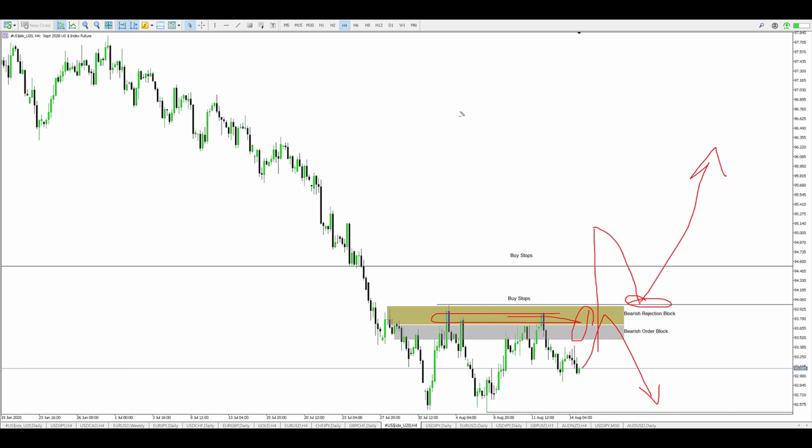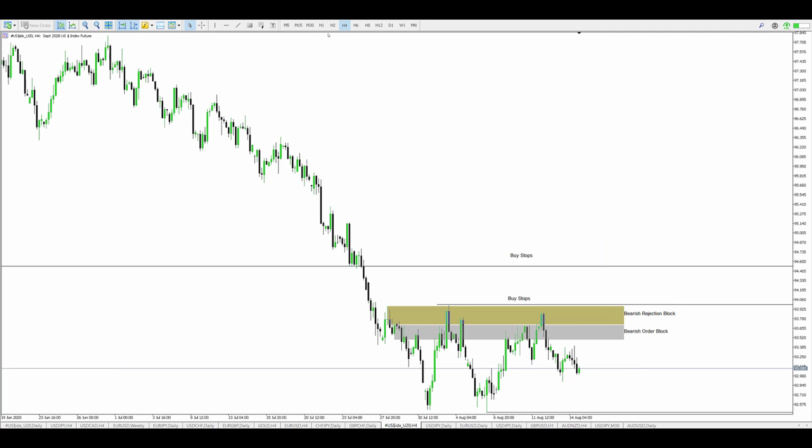But take note, our higher time frame bias on the dollar index is that the dollar is weak, meaning short trades are ideal, right? Short trades are ideal, but as a trader, you should be dynamic. Whichever way the market is trading, you have to be in a position to make a decision.